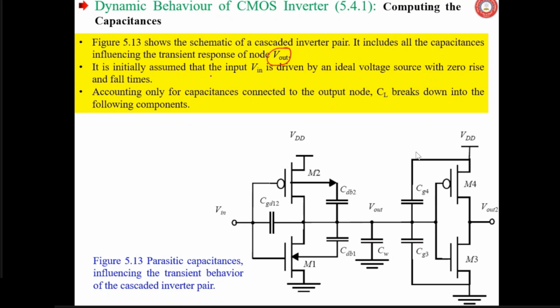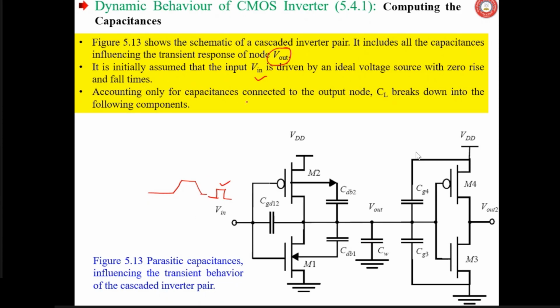It is initially assumed that input Vin is driven by an ideal voltage source with zero rise time or fall time. Means Vin is considered to be a square wave kind of input here, without any rise time like this or fall time like this. It is assumed that it is like this, but in a real circuit it will not be.